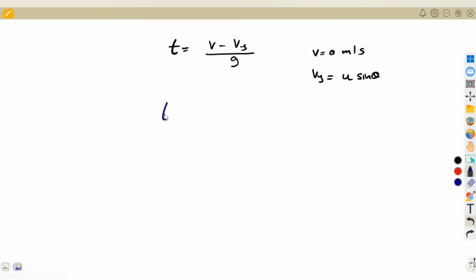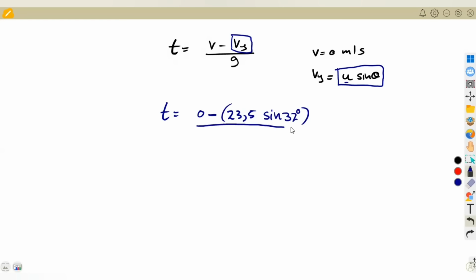So our T is going to be 0 minus, in place of this Vy, u sine theta, of which we have our u, our initial velocity, which was 23.5 sine of theta, which is 32 degrees. Then everything over g being taken as a negative, which is negative 9.8. So that is going to give us the time, which is going to be 1.271 in seconds.